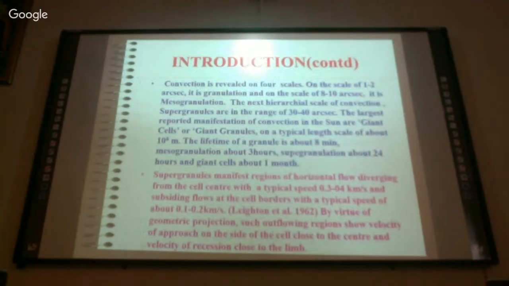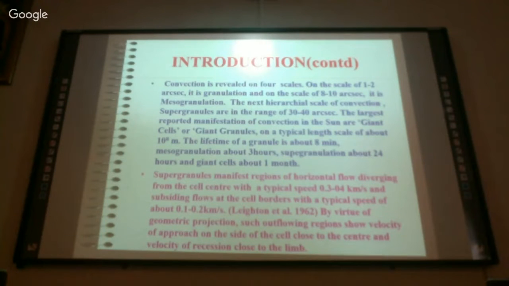Convection is revealed on four hierarchical scales. On a scale of 1 to 2 arcseconds, it is granulation with a typical lifetime of say 8 to 10 minutes. The next hierarchical scale is mesogranulation with a typical scale of 8 to 10 arcseconds and a typical lifetime of say 3 hours.